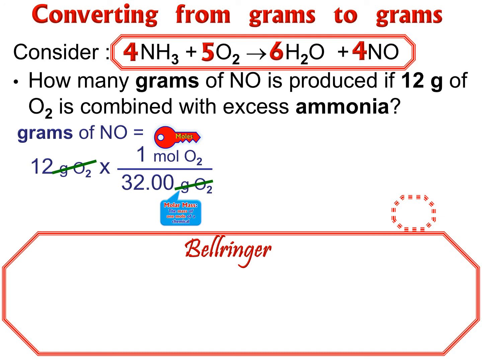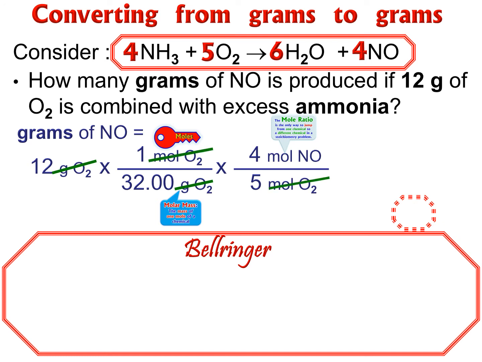And we're jumping to nitric oxide, NO. So where does that have to go? On the top. So what's the number that comes along with the oxygen for the bottom? It's a 5. What's the number that comes along with the NO? That goes on the top. That's a 4. Look at the equation at the top. Boom. That is the mole ratio that I'm using in this equation.